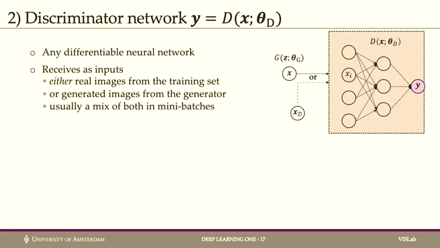And in fact, how you usually do it, you mix them up in a batch. So you're not having one forward pass with only real and one forward pass with only fake, but you mix them up, and then you get a mixed signal of ones and zeros.